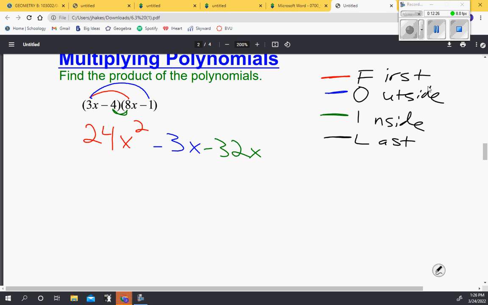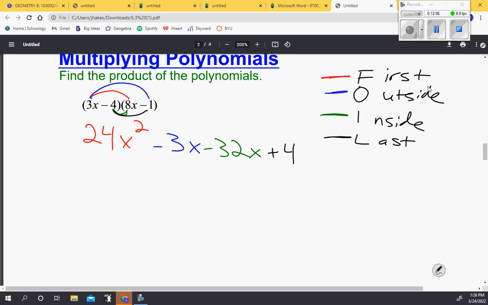And then last. The last terms in both parentheses. Negative 4 times negative 1 is a positive 4. When we have 2 sets of parentheses, we have to make sure that everything in both parentheses is being multiplied together. So I started with that 3x, multiplied it into the other parentheses. And when I was done with that, I went to the negative 4 and multiplied that into everything in the other parentheses.